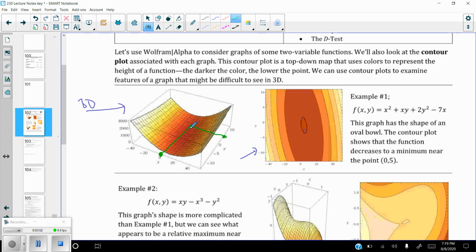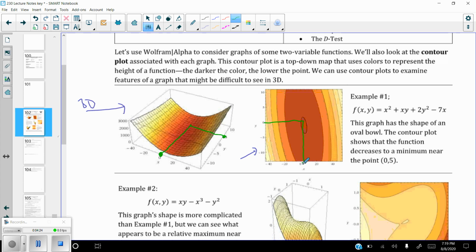I think the contour map graph might be mislabeled a little bit, because it's supposed to be at the point (0, 5). If I go to (0, 5) with x being 0 and y being 5, that's going to be someplace right up here. That's not really where we're supposed to be. Maybe the graph is actually mislabeled, because if I go to the point where y is 0 and x is 5, that looks much better.